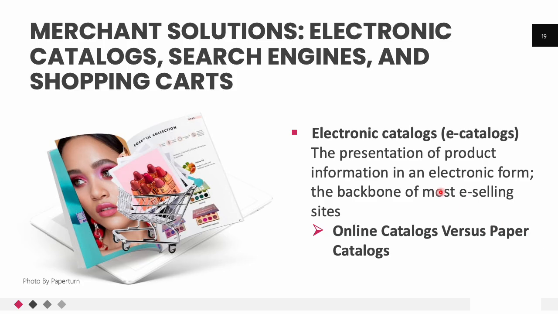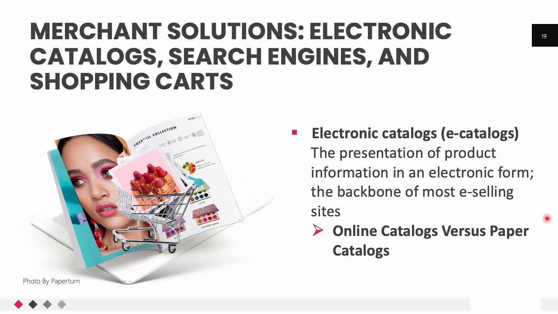An e-catalog is the digital version of the product catalog that displays items online. I think it's very popular because you don't need to do printing. Printing this kind of catalog is very pricey, especially when it needs to be colorful, right? When you do that digitally, of course, it will save your money.